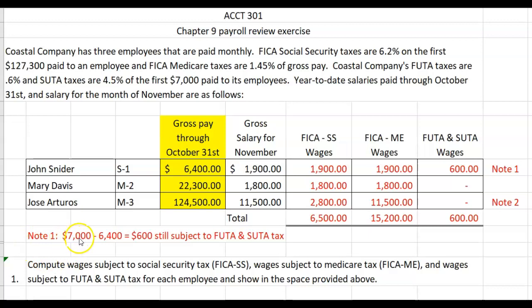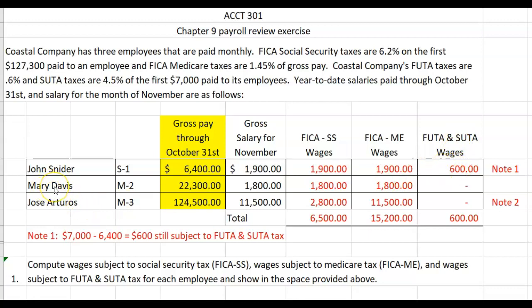The $7,000 wage base for FUTA and SUTA minus the $6,400 on which tax has already been fully paid means that only $600 is still subject to FUTA and SUTA tax for John Snyder for the rest of the calendar year. So $600 of wages for John Snyder are subject to FUTA and SUTA tax.